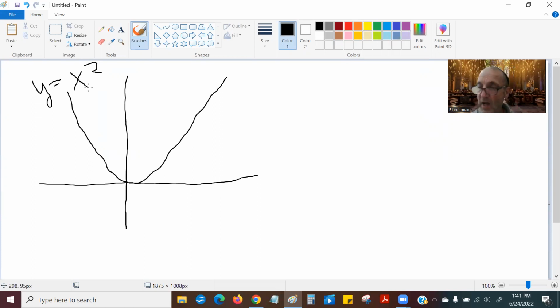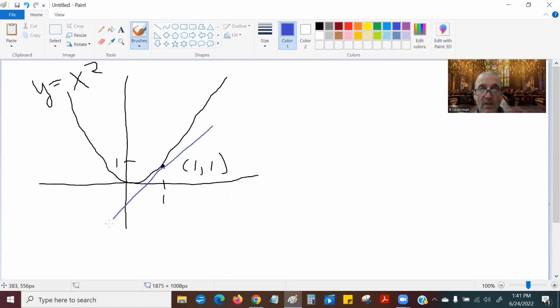And we want to know at this point, I'm a very horrible artist here, at the point 1, comma 1, what is the slope of the tangent line? Let's do my blue tangent.